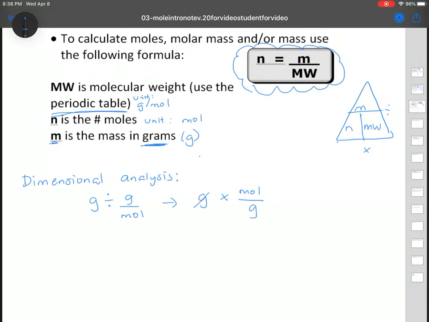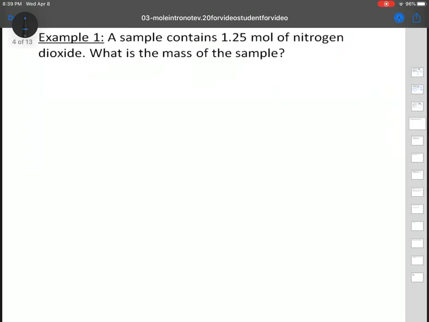And then once you do that, the grams cancel out and you're left with moles. Okay, so that's where you get the relationship from. So dimensional analysis, using the formula that's in the cloud there, or using the triangle are all perfectly reasonable in this class. Okay? All right, so let's do a simple example.